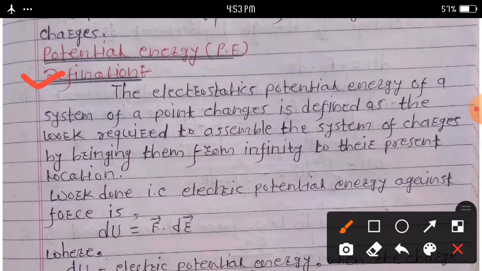Work done against the force, that is electric potential energy, we can write here dU is equal to F into dr. Here dU is the electric potential energy when the charge is displaced by dr, and F is the force exerted on the charge.